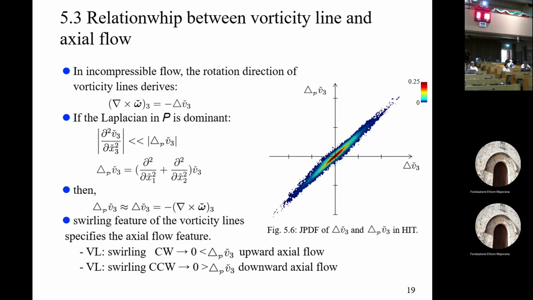So this equation shows that if the vorticity line swirls clockwise, then the Laplacian of the normal component in the swirl plane is positive, so it has upward axial flow. And if the vorticity line swirls counterclockwise, the normal component has downward axial flow.